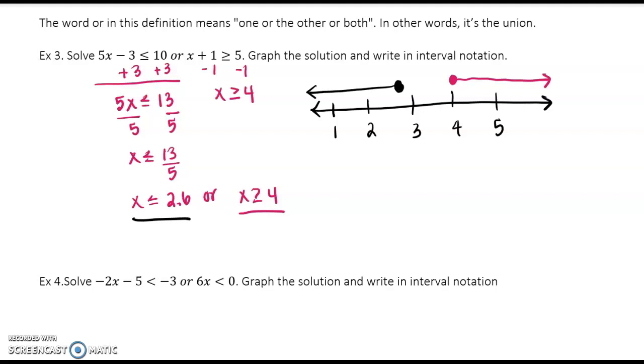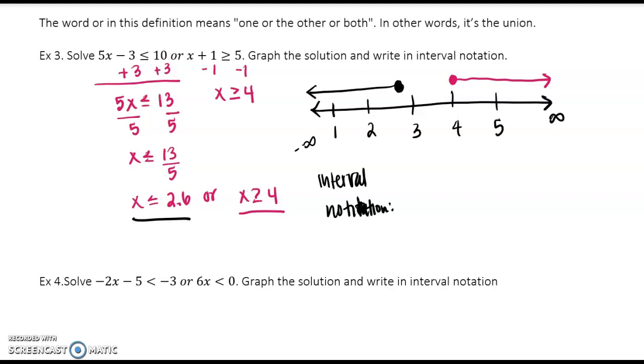So for this one, you basically take the union of all of it, so both of those would be your answer. So if you wanted to go ahead and shade it a different color, you can. And then for the interval notation, we're going to go ahead and start on the left.